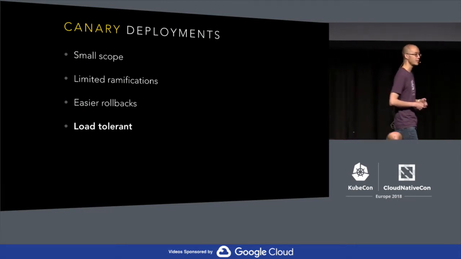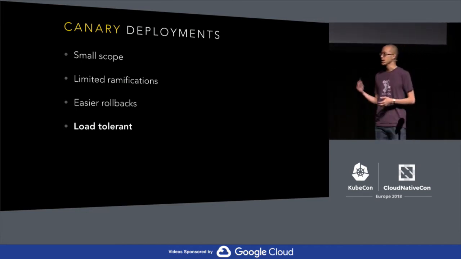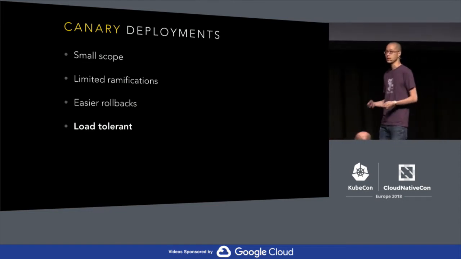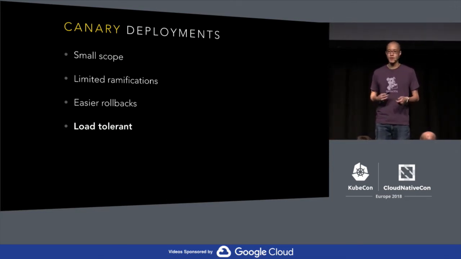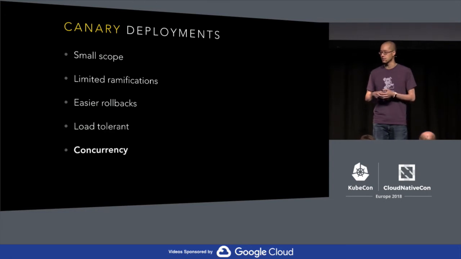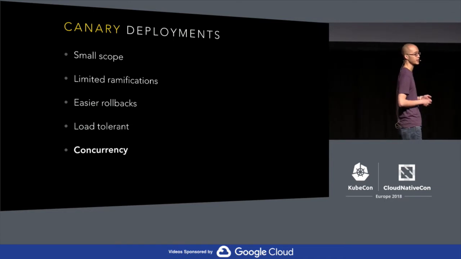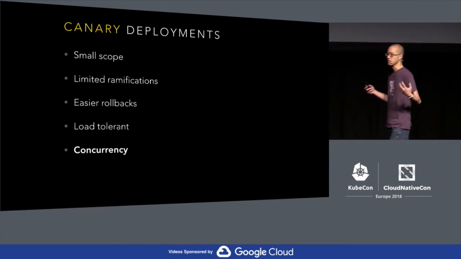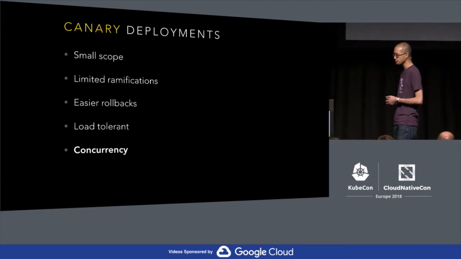One of the other things that a lot of people miss out on Canary is because of the way they do it, and I'll talk about strategies a little later, but there's a lot of ability to become more load tolerant. If you monitor the right things, if you see more resource usage with your canaries, you have that time to scale up if that's something you want. And then concurrency. Concurrency is another thing that I think a lot of people miss with canaries, is you can start to essentially run your software teams in parallel and start to work on various things at the same time.